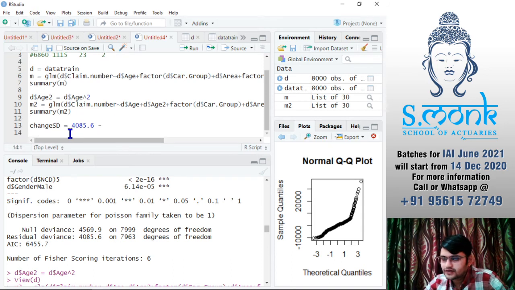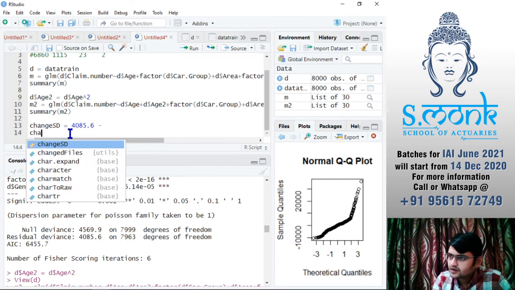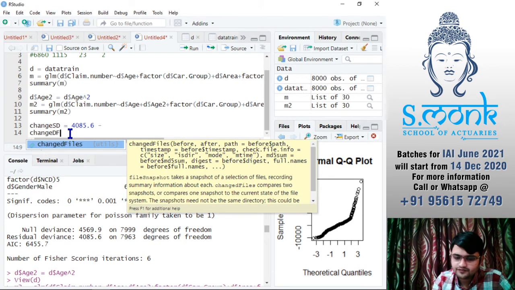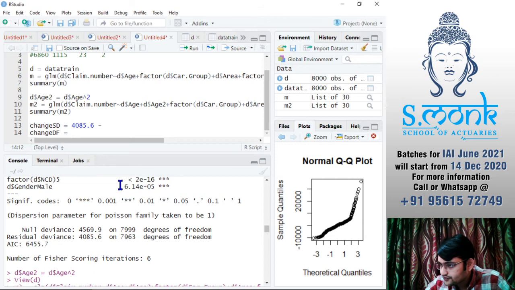For that I will have change df, degree freedom. Okay. Degree of freedom is here 7963. I will be subtracting a value also.